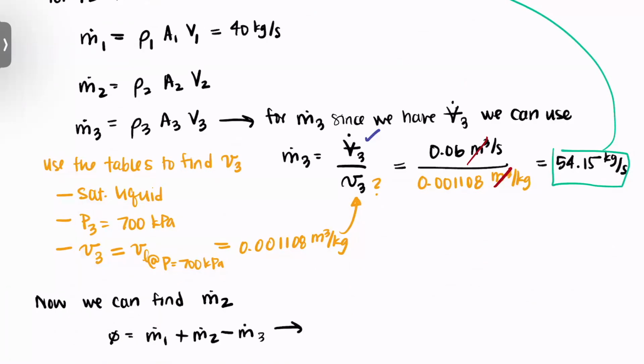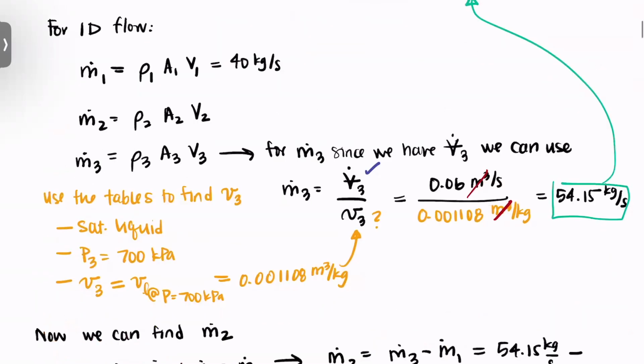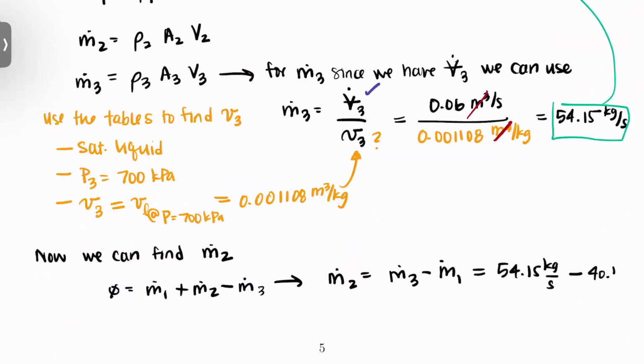I'm going to solve this for m dot 2 and we get m dot 3 minus m dot 1. So we already have m dot 3, which is 54.15 kilograms per second, minus m dot 1, which is 40 kilograms per second. So we get that m dot 2 is 14.15 kilograms per second.